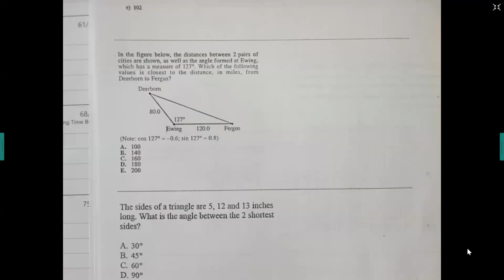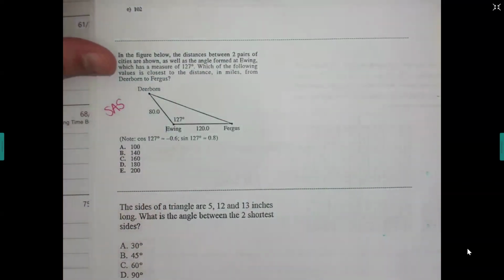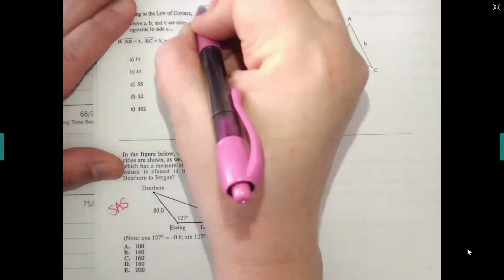And then I have the angle in the middle. So this is a side angle side, which means that you're going to have to use the law of cosines. Okay? And if you look right above this, the law of cosines is right here. Okay, so I'm just going to be using that formula when I type it in down here.